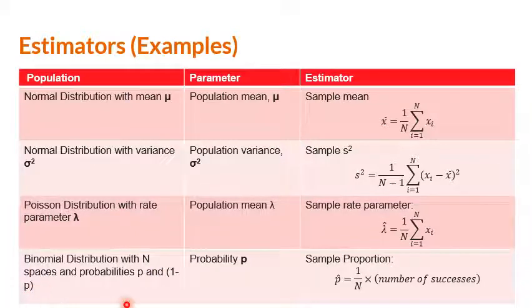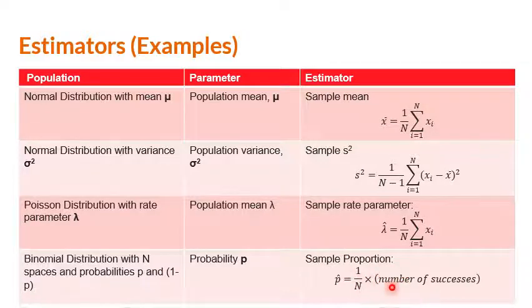So you have your probability p that can describe your binomial distribution, and your sample proportion, given a subset of your whole population distributed in a binomial fashion, is given by this: the proportion of successes, the number of successes over your total sample size.